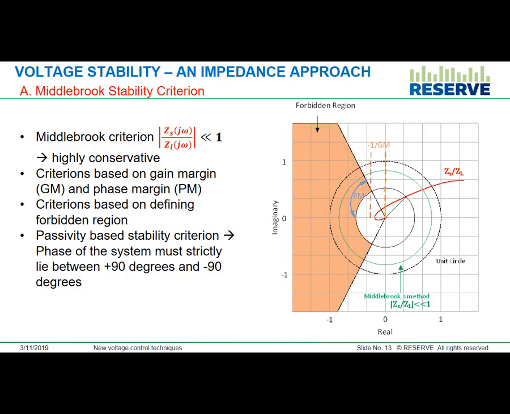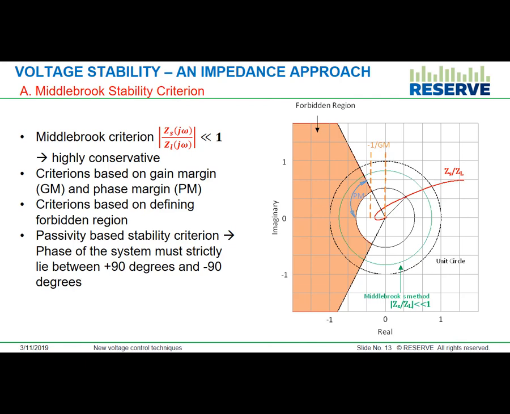Here is the Nyquist framework, and you have the unit circle here. So according to Middlebrook, you design this ratio of your source by load to be far less than 1, which means let's say I choose this circle or any circle less than the unit circle, since it should be less than 1.